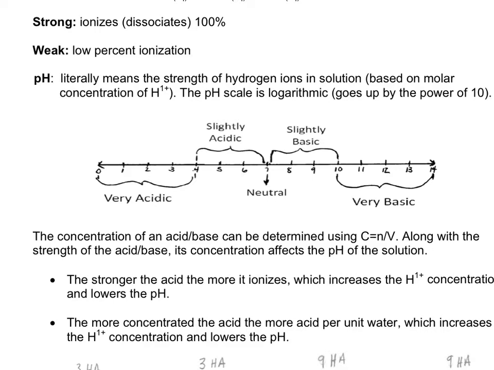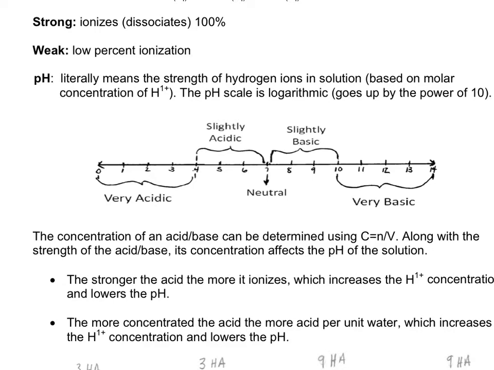The pH scale is logarithmic, which means that each increment on the pH scale goes up by a power of 10. Now it's a little bit of a strange scale. We'll go more into how it was constructed when you take grade 12 chemistry.